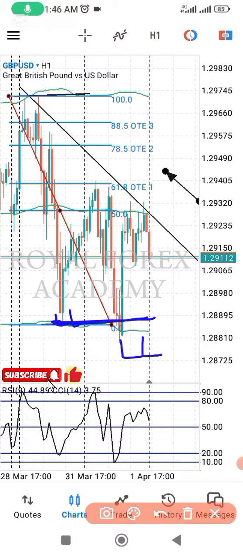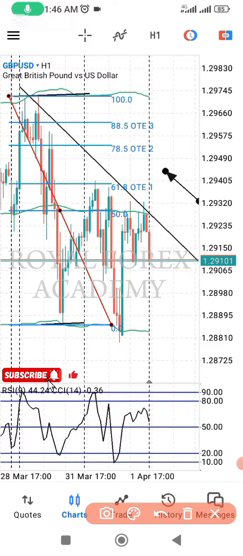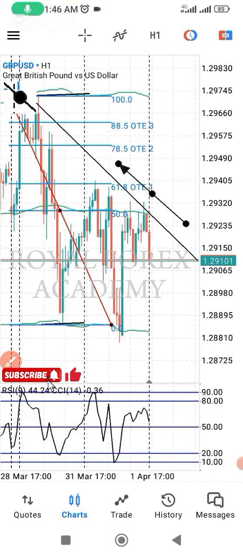But price is not permitted to break the lower high. So whatever makes price break this lower high is automatically a break of structure, which becomes a change of market direction. So price is expected to move in a particular direction in a downtrend.